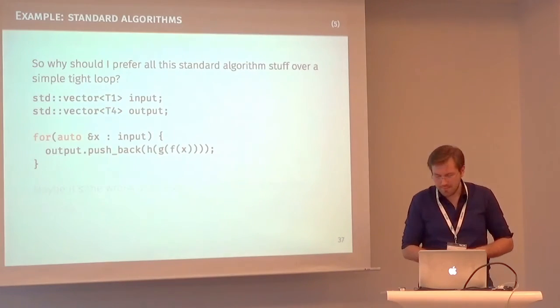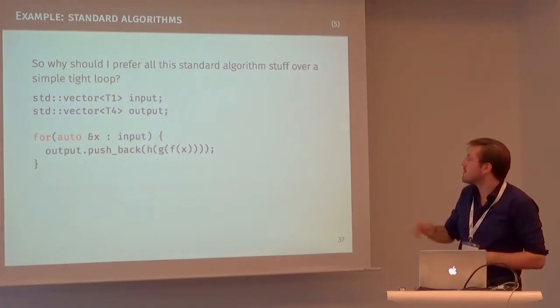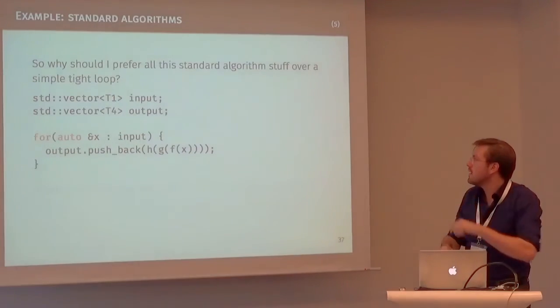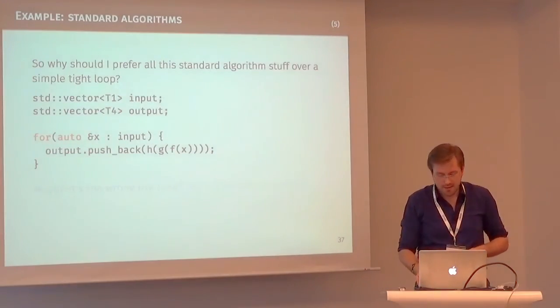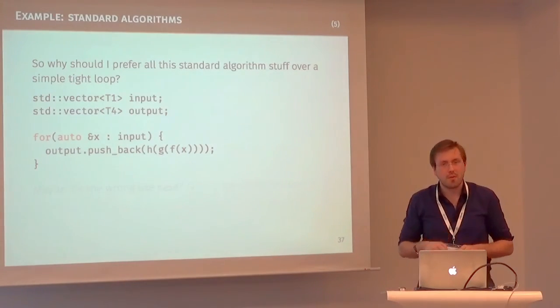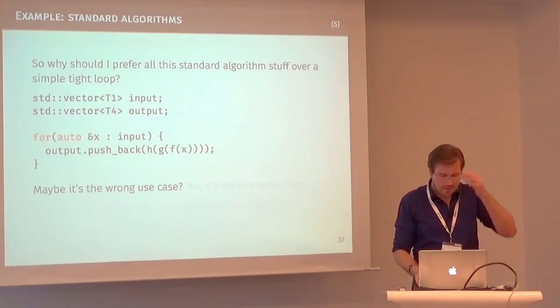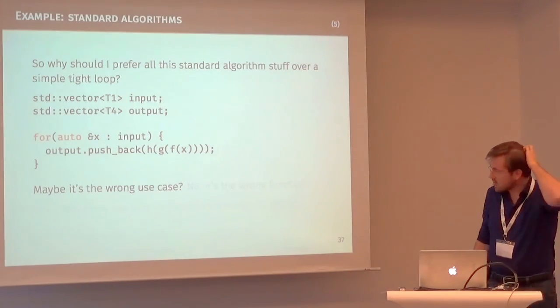So what's the problem? The main problem here is, why should I prefer the functional way over a classic imperative loop with push_back? It's easier, right? Okay. So maybe it's the wrong use case for the function.